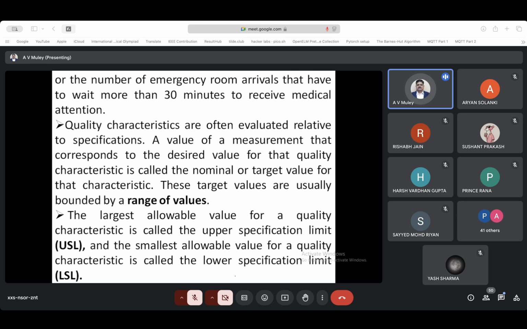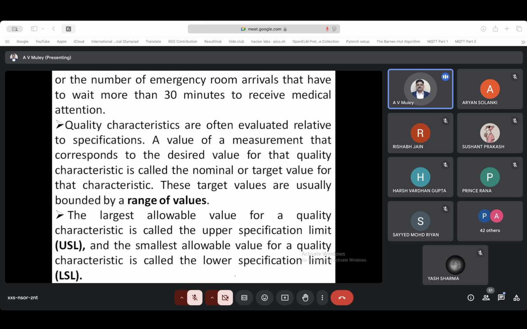Naturally, suppose the diameter is, for example, 30. We are measuring a characteristic that is basically a variable. So 30 is our target value, but getting exactly that target value is not possible. So you have to define a range, as we have seen in tolerances. If you are measuring and the value falls within the range, naturally you are going to accept it. These target values are usually bounded by a range of values.